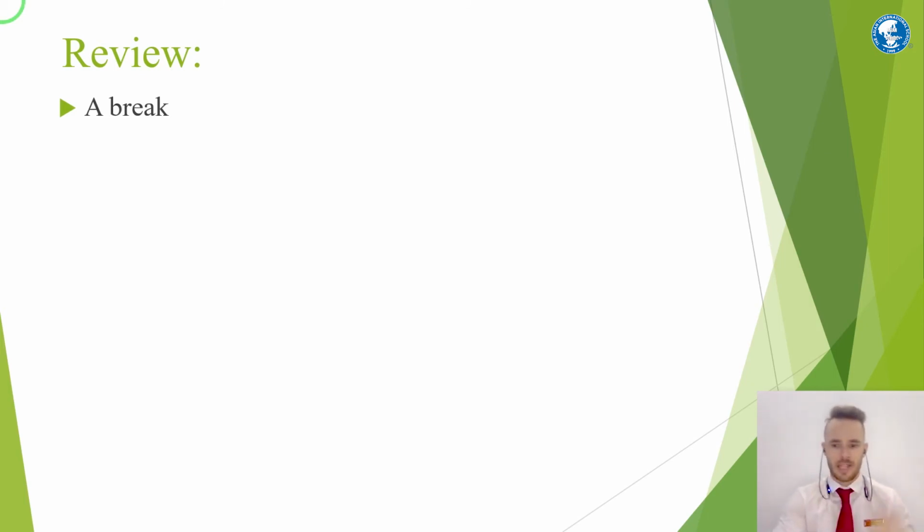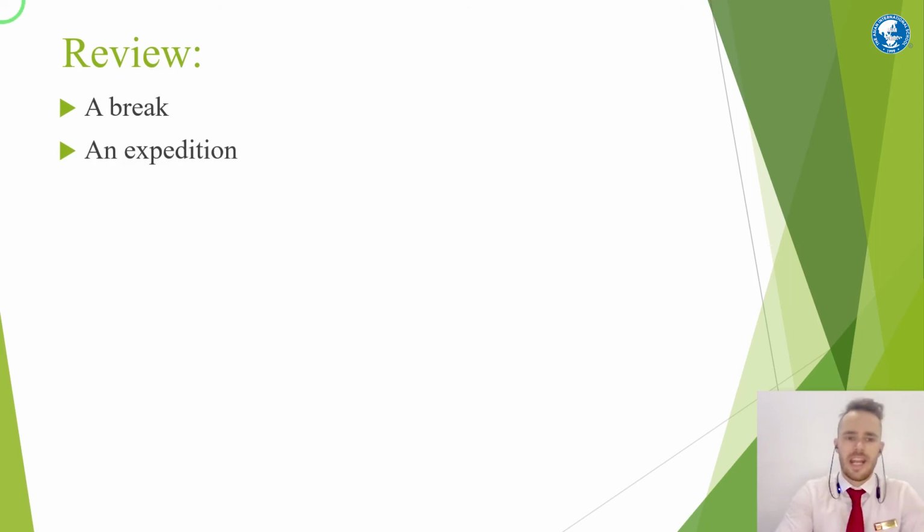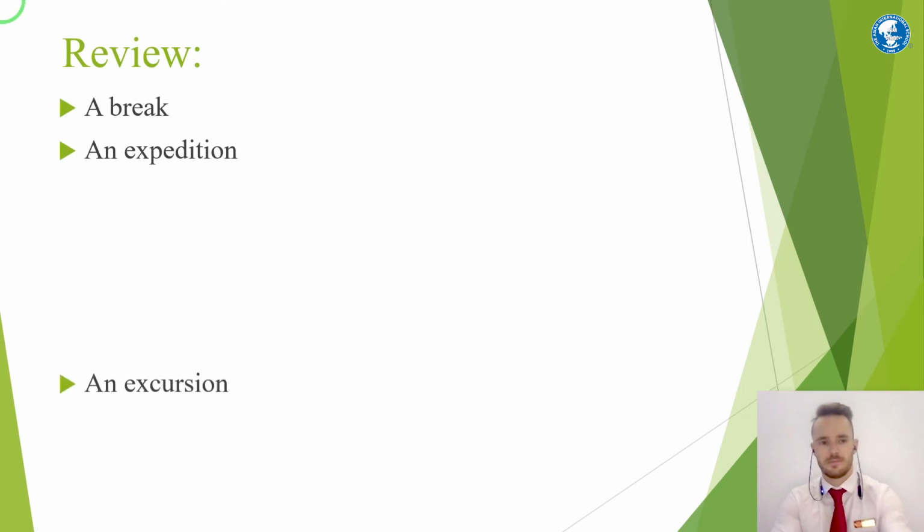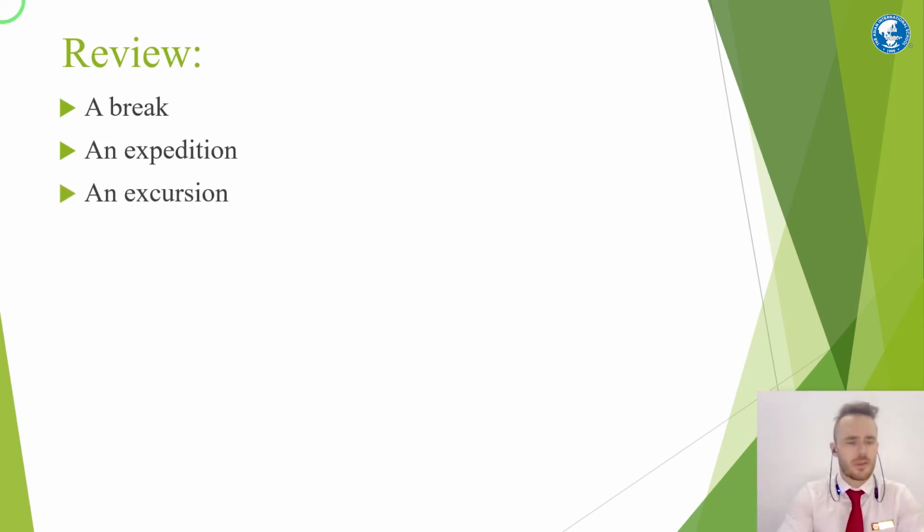Okay, hopefully you're familiar with that. If you can remember that, that's excellent. We're going to continue. An expedition. What was special about an expedition? Number 3, an excursion. Quite easy to get confused with expedition, I think. An excursion. What was the definition of that?